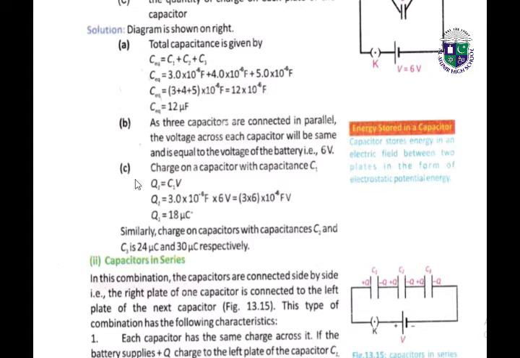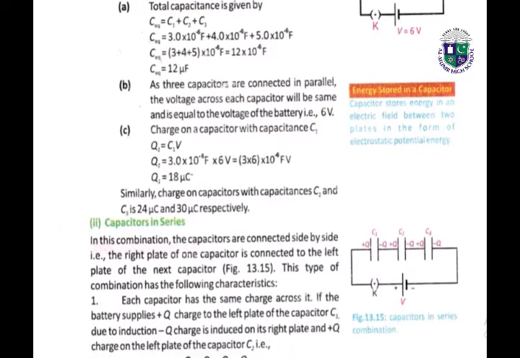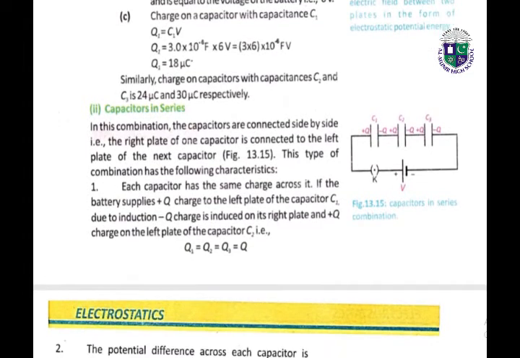Part C: the answer is the charge on the capacitor with capacitance C1. So Q1 = C1V. By putting the values, we will get the charge on the capacitor. So in this way, we can find all these things: capacitance, the charge on it, and the voltage across these plates.